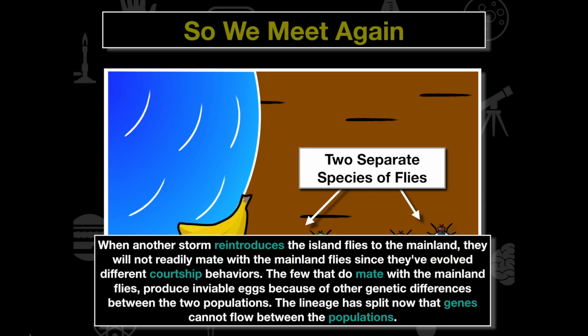So in this story, when another storm reintroduces the island flies to the mainland, they will not readily mate with the mainland flies since they've evolved different courtship behaviors. The few that do mate with the mainland flies produce inviable eggs because of the other genetic differences between the two populations. The lineage splits and the genes cannot flow between the two populations.